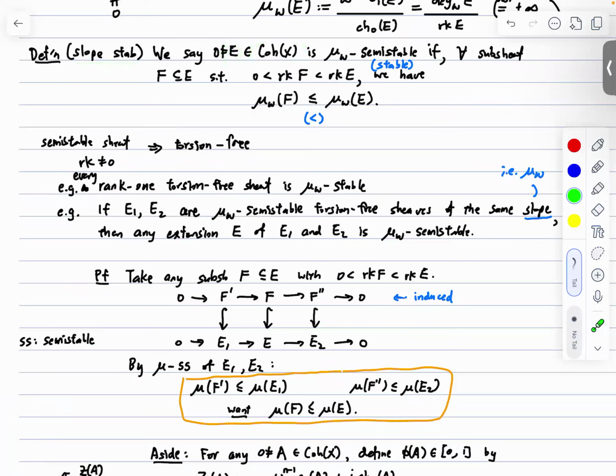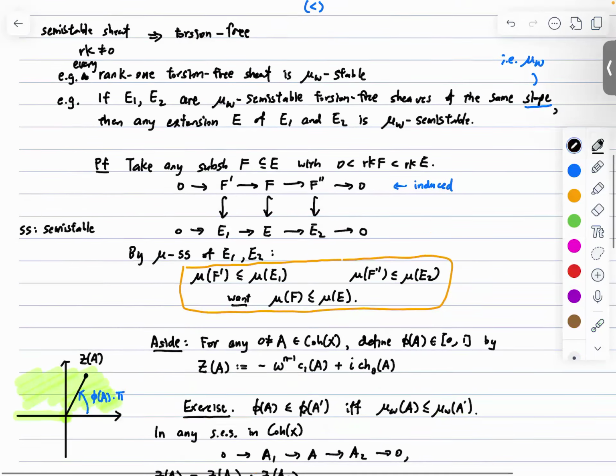And the way you determine whether an object in this abelian category is semi-stable or not is you look at sub-objects, or equivalently, you look at a short exact sequence with your object in the middle, and then you try to see whether there's an inequality of the numbers mu.